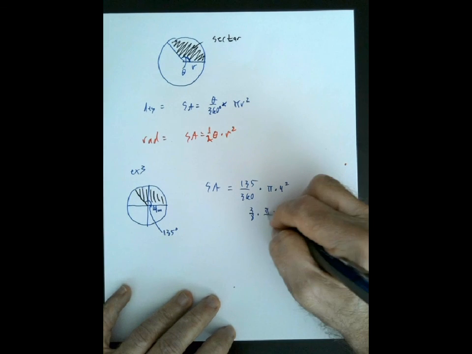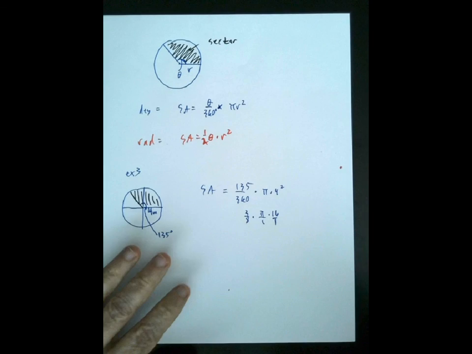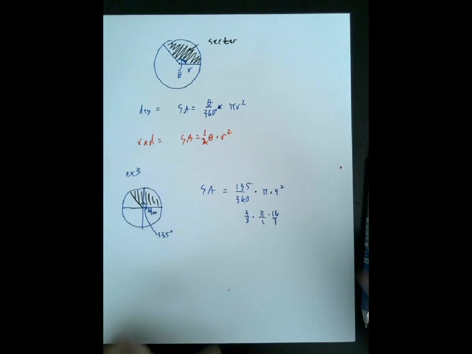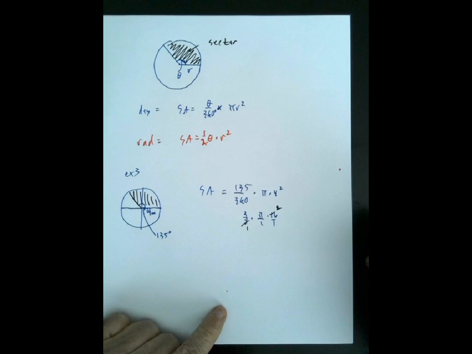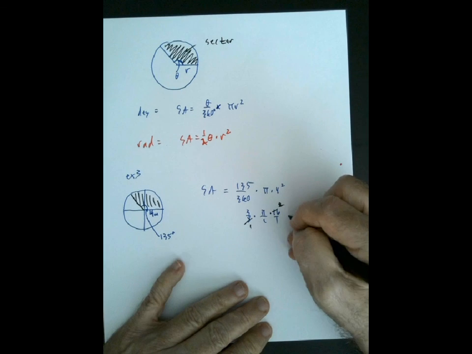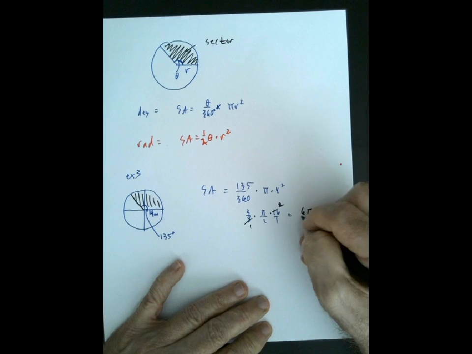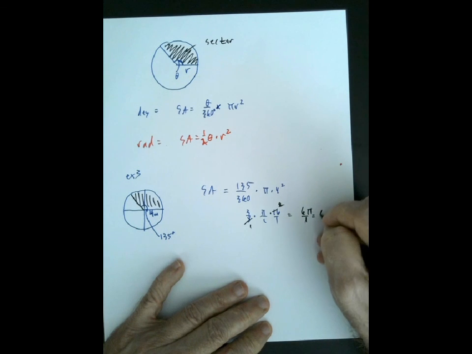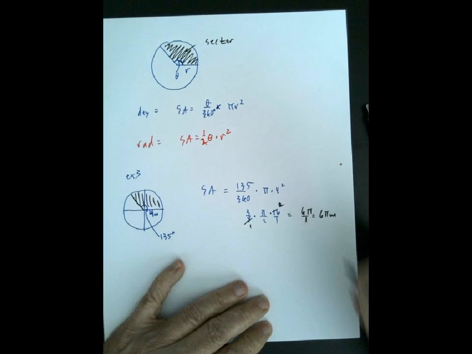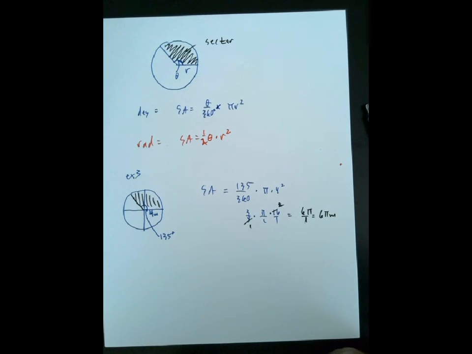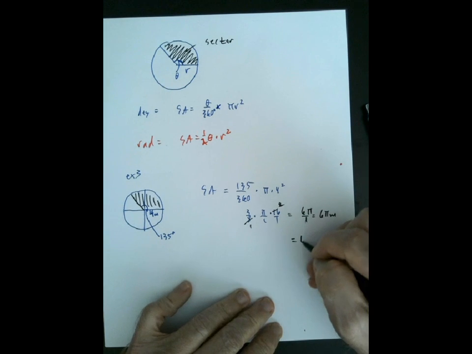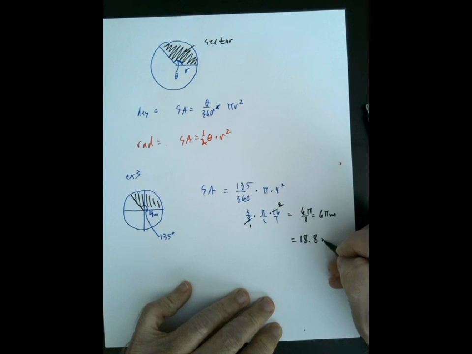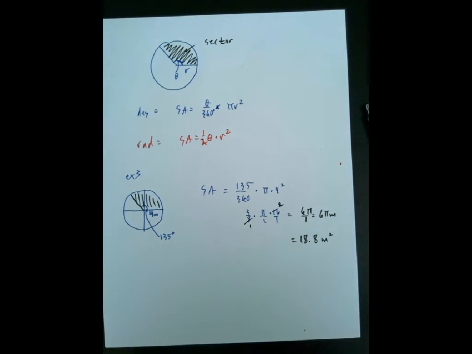This works out neatly, so that's 2 times 3, which is 6 pi meters squared, or about 18.8 square meters. Since it's area, we use square units, okay?